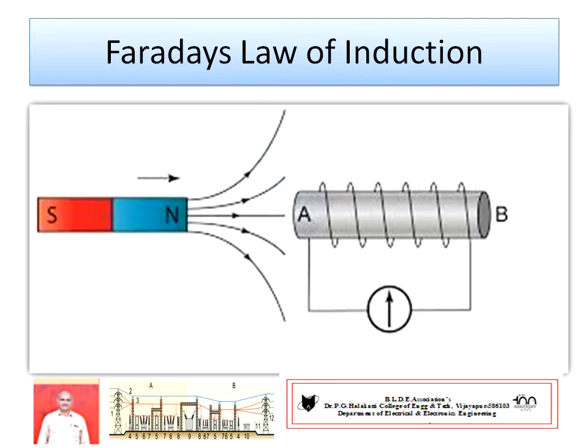So this is the first law. The second law is such that the induced EMF is directly proportional to the rate of change of flux linkage with the coil. So these two laws are very important.